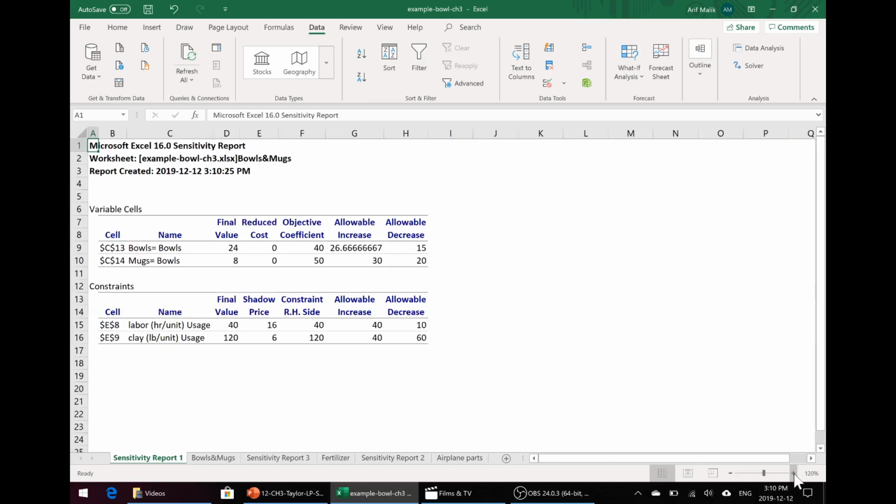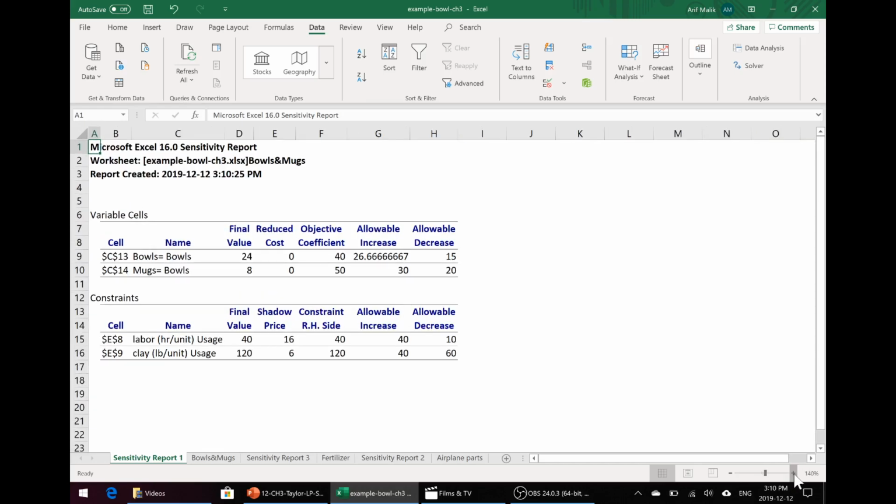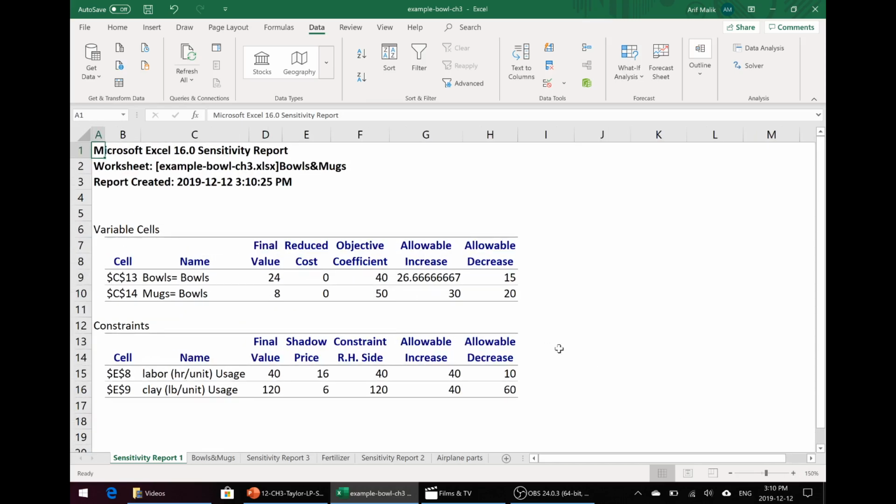Let me make it bigger. All right, and we already know how to interpret this. We have final value: bowls is equal to 24, mugs is equal to 8, and we can change the labels if you like.